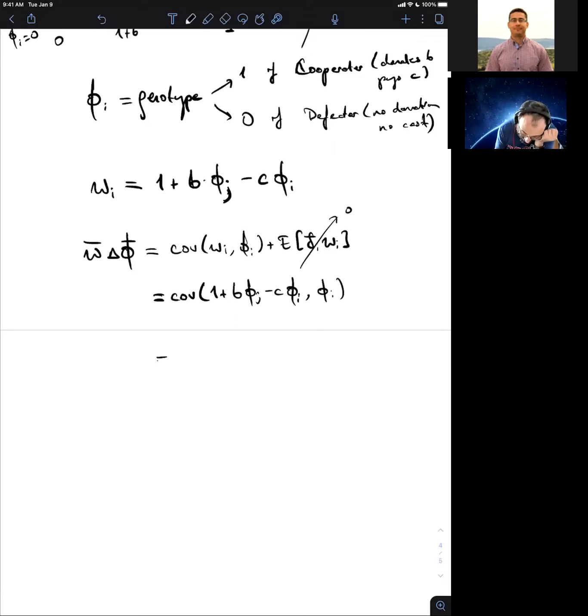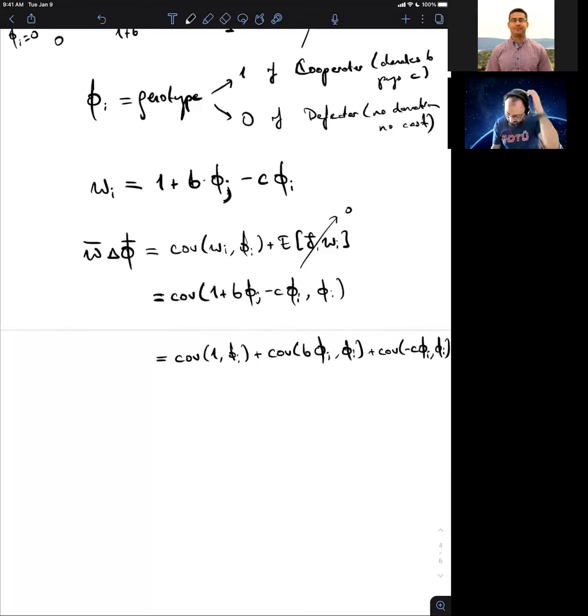I can write this as the covariance of 1 and phi I, plus the covariance of b times phi j and phi I, plus the covariance of minus c times phi I, phi I.